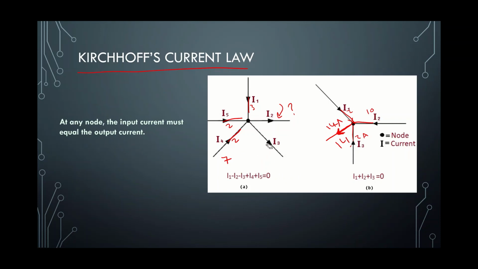Sorry, let's make it 3 here. We can see that the total current entering the node is 7, and one of the branches leaves the node with 3, so the left is 4. So this one should equal 4.